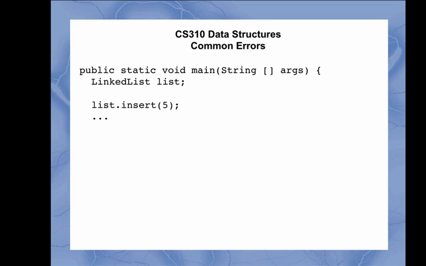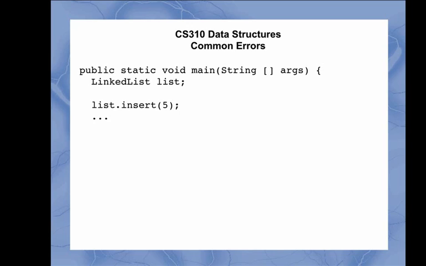Just a quick recap, this won't work. Why won't this work? Linked list, list, list.insert. Remember that with object variables, there are two distinct pieces. Here you have only one piece. List is allocated on the stack because it's in a method. It's in main.